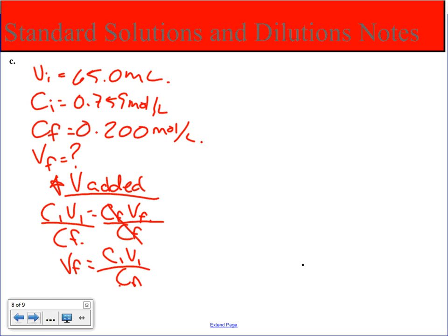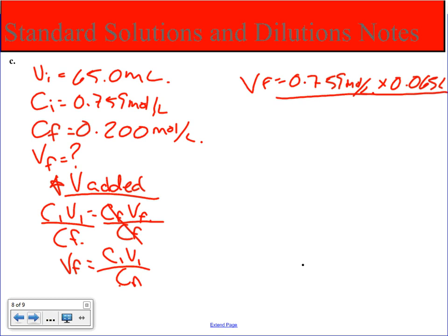Now, I will then sub in my values. So my volume final is going to be 0.759 moles per liter, and I'm going to multiply that by 0.065 liters.